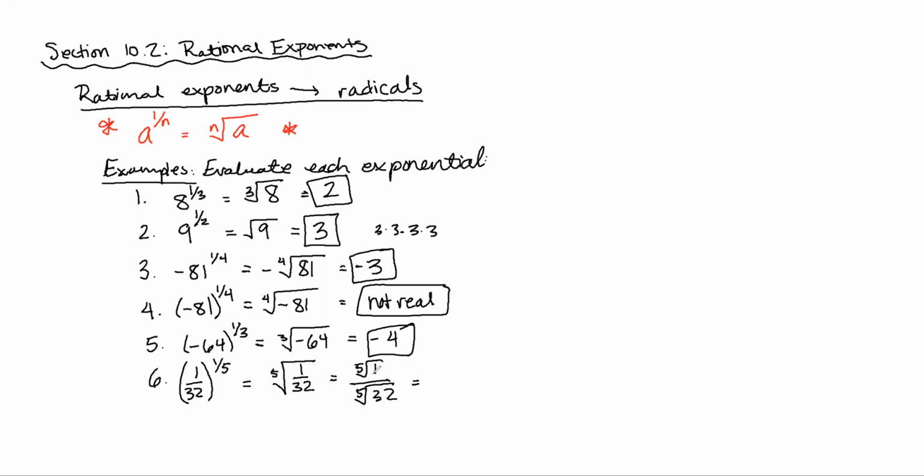And that way, the 5th root of 1, remember any root of 1 is 1, because 1 times itself 5 times is still 1. And then what is the 5th root of 32? Well, in order to get 32, multiplying a number 5 times, we need to have a 2, because 2 times 2 times 2 times 2 times 2 is 32.